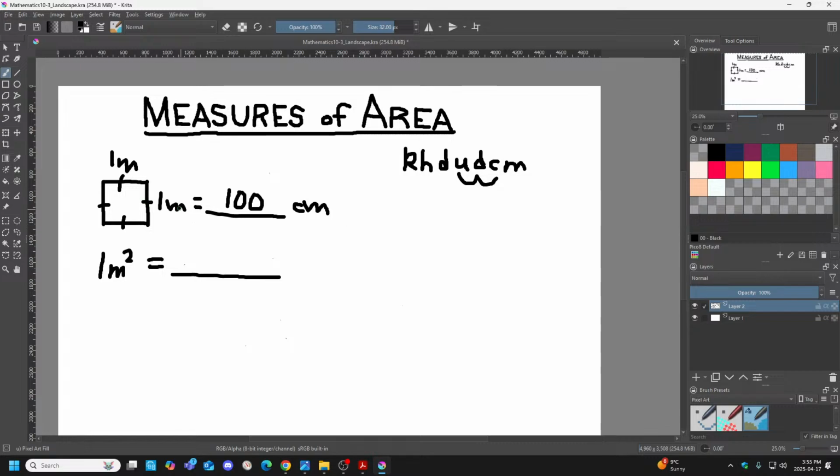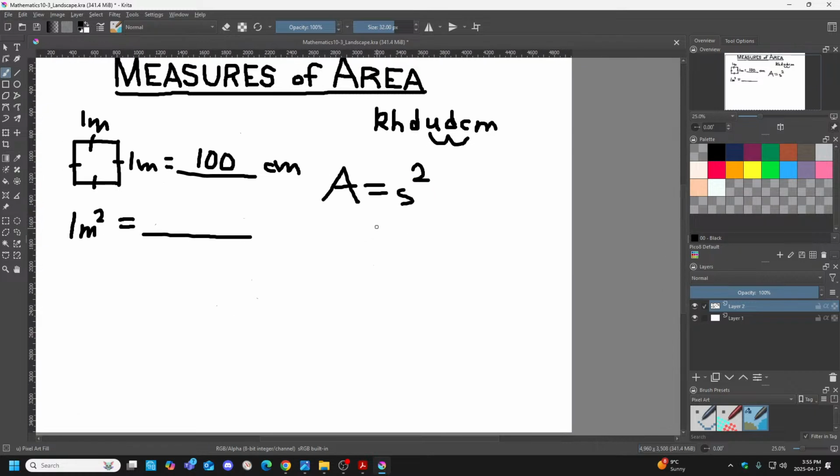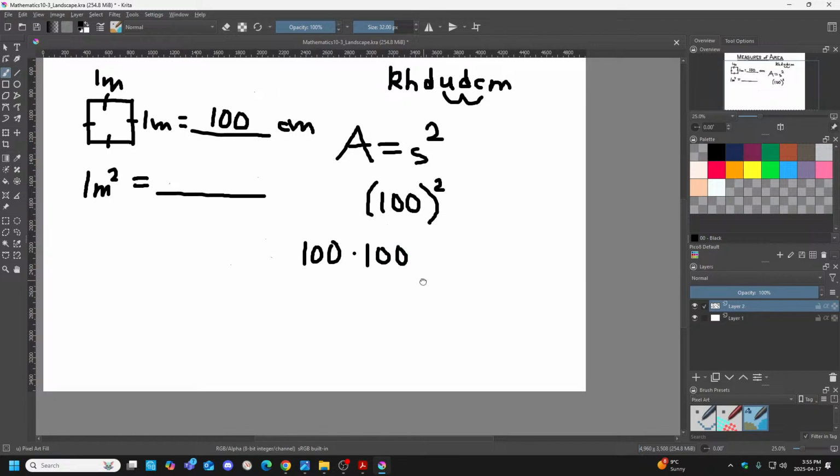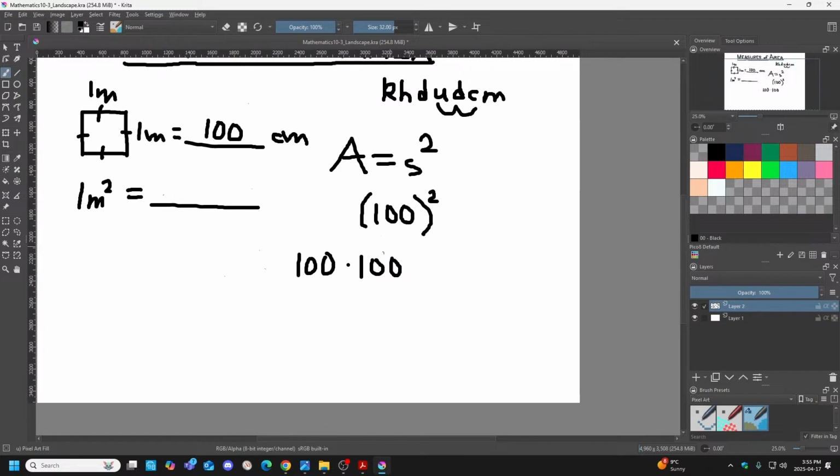what we're doing is we're going, okay, area equals s squared, right? We take s and substitute. It's 100, so 100 squared. What does that mean? That means 100 times 100, right? Whenever you are multiplying, like I've mentioned before, you don't need a calculator for this.